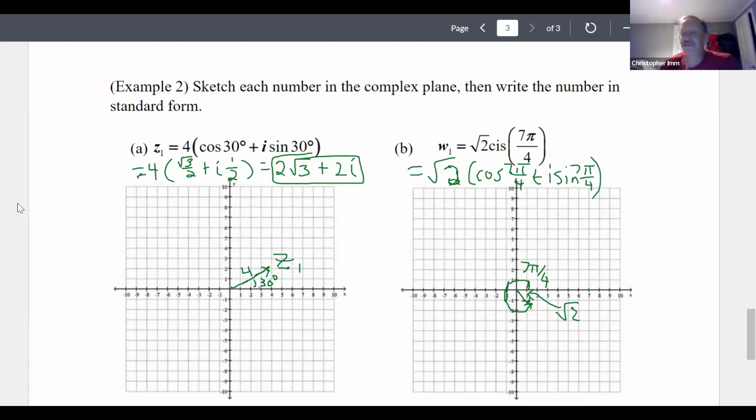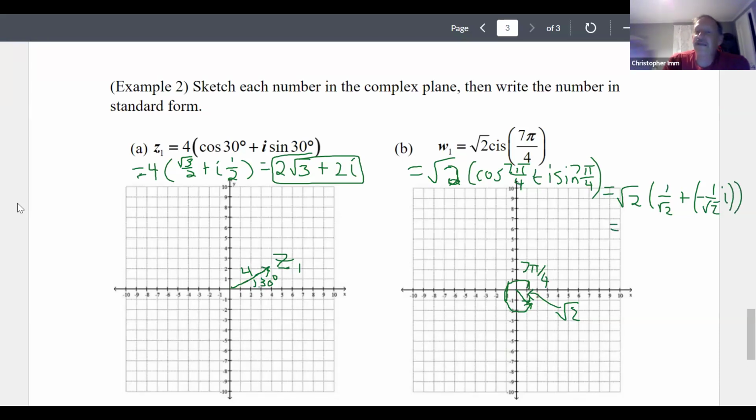So pi over 4 is my reference angle. I will get square root of 2 times cosine is going to give me 1 over root 2. It's like a 45, 45, 90 triangle. Plus, and sine is going to be negative 1 over root 2, times i.